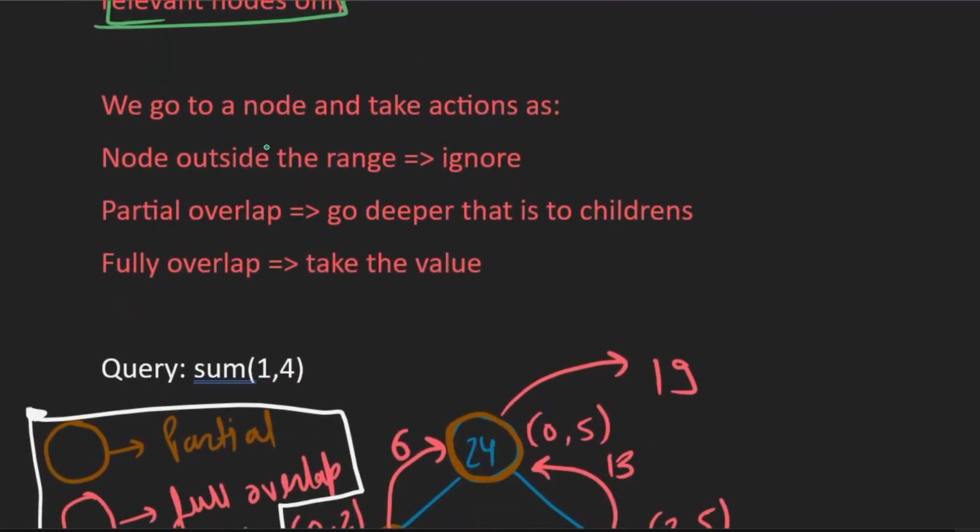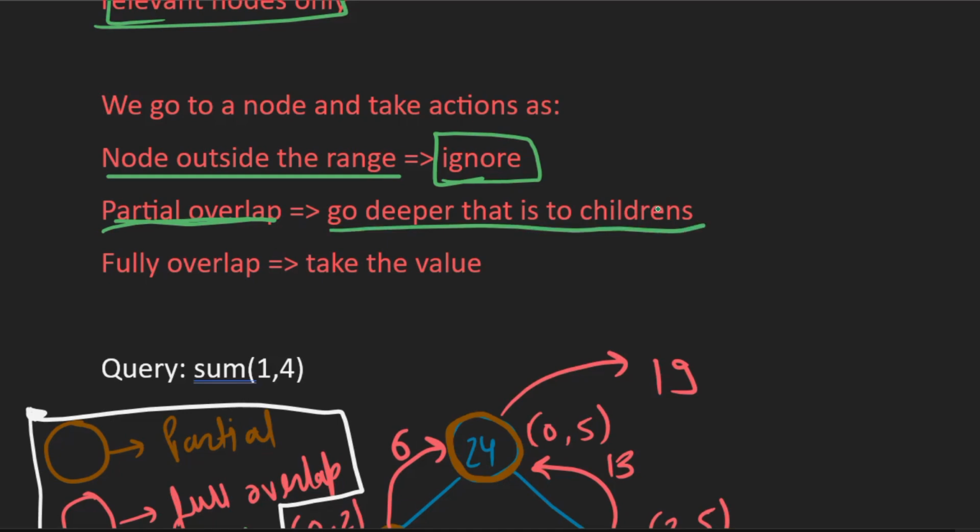So we have three things. We go to a node and take actions. Suppose the node range is outside the query range, then we ignore that particular node and stop going further. But if the current node has partial overlapping with the query range, then we go deeper inside the children, like we explore both left child and right child of that particular node.